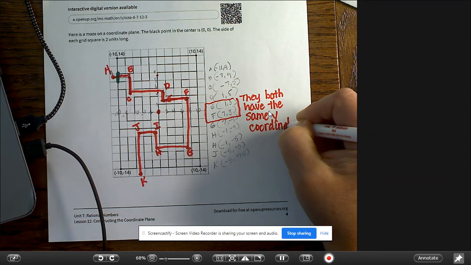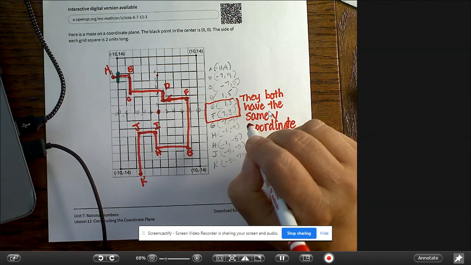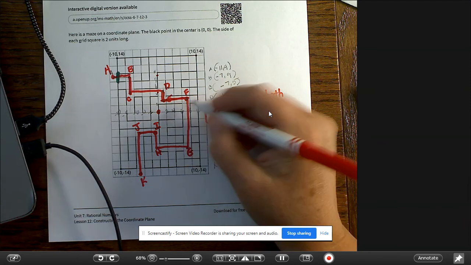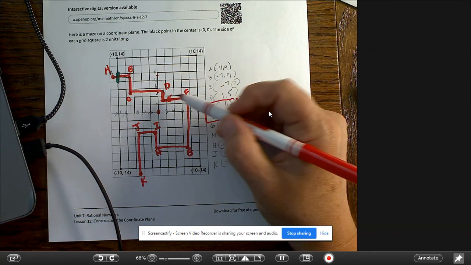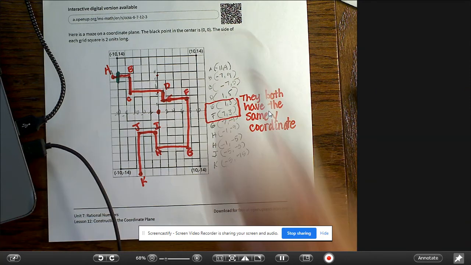And it says, explain why they have that feature. Because they are both on the same line.